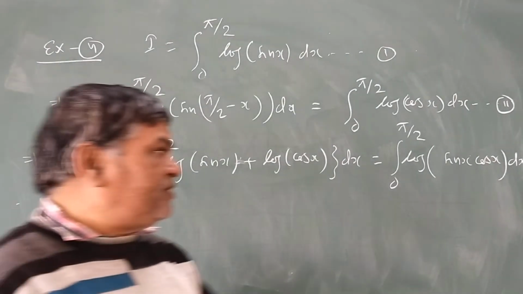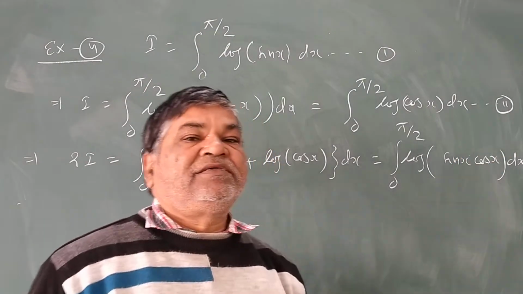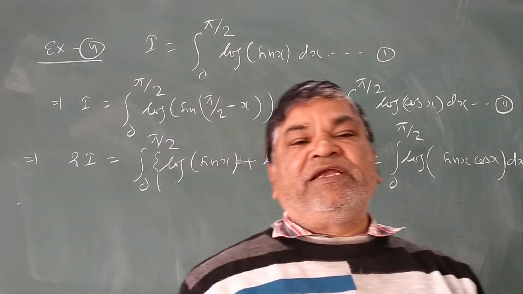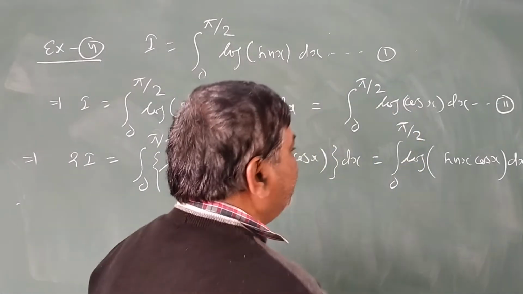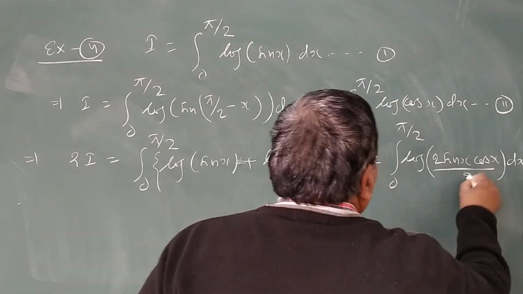अब अगर आपको यहाँ पर sin x और cos x मिल रही है तो इसको आप sin 2x में कन्वर्ट करेंगे. So this is 2 divided by 2.